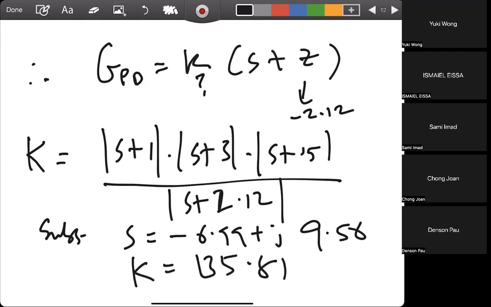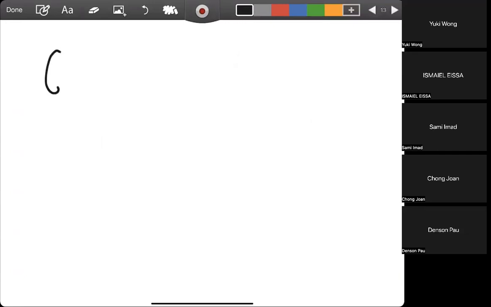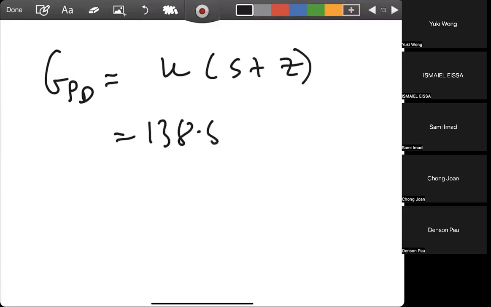So you will get K 135.81. And then GPD is equal to K(s plus z), which is 138.81 s minus 2.12 because it's on the right hand side.